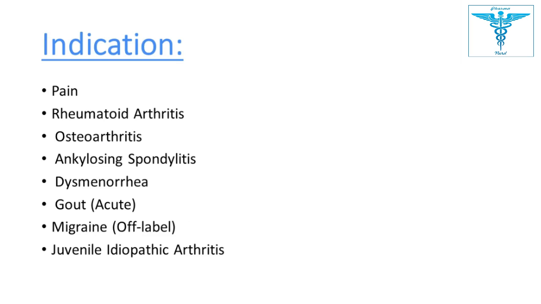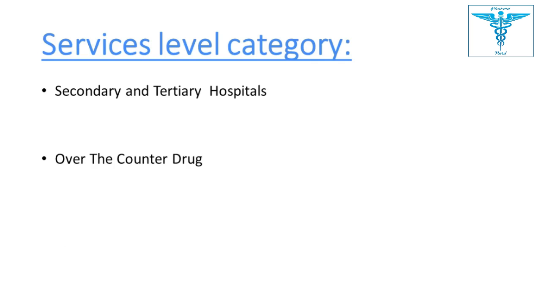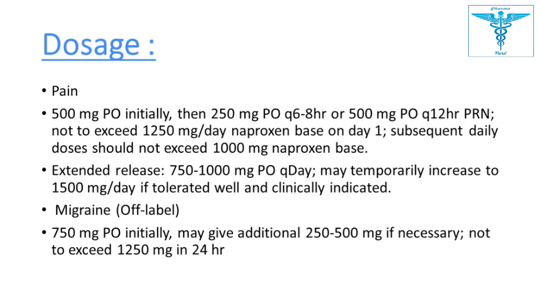Indication: pain, rheumatoid arthritis, osteoarthritis, ankylosing spondylitis, dysmenorrhea, gout, migraine and juvenile idiopathic arthritis. Service level: category secondary and tertiary hospital, over-the-counter drug. Pain: 500 mg per oral initially, then 250 mg per oral after 6 to 8 hours, or 500 mg every 12 hours.